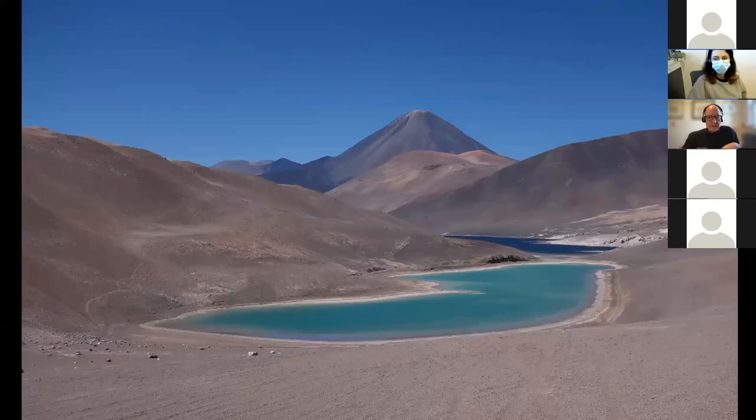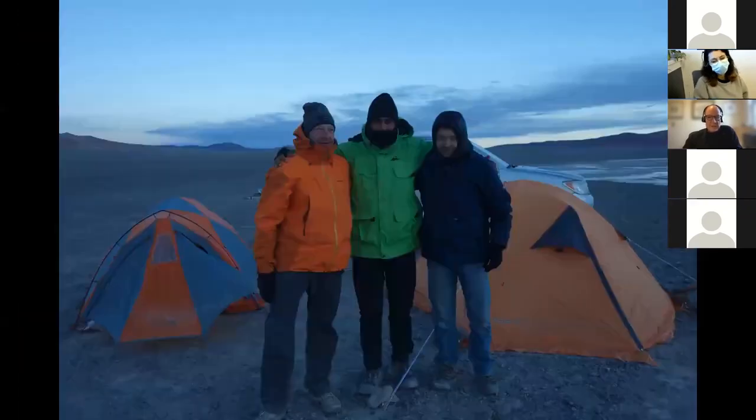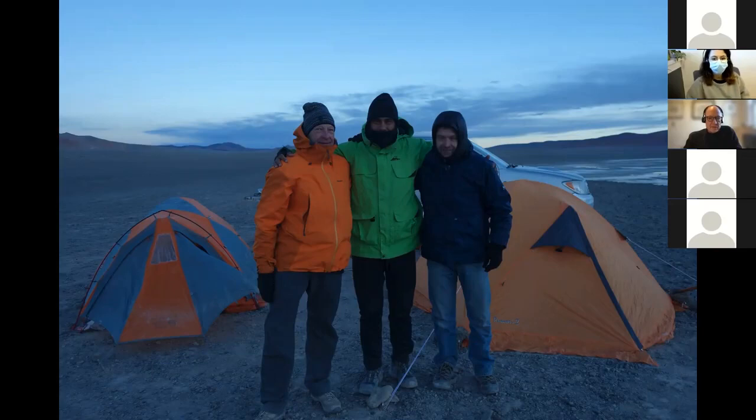We're close to 6,000 meters. We have lakes where you find actually microbialites growing. Pascal and I went off to a volcanic crater, Diamante, on the Argentinian side, and did some work there.